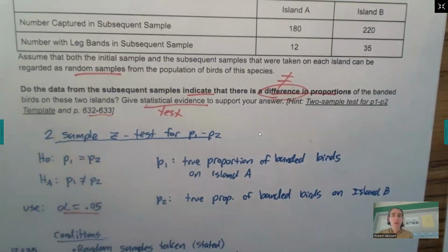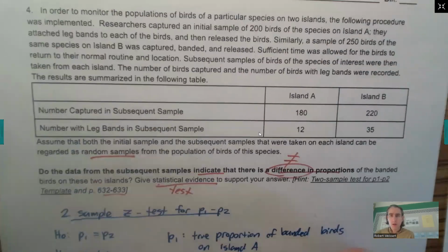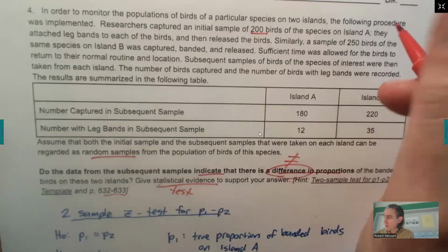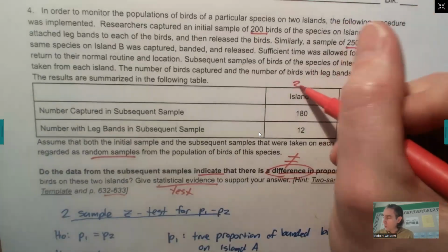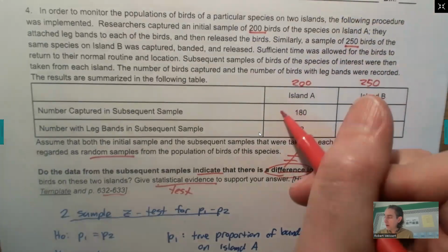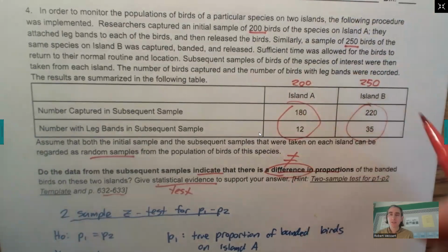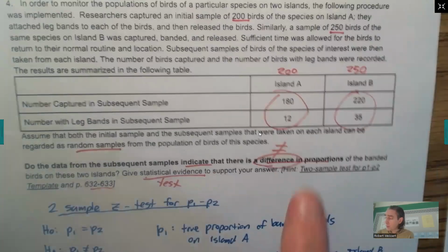Now, just be careful on this problem because up here, there was an initial sample of 200 for Island A and 250. While those were the initial samples, that's not the sample we're using because they didn't all come back. Hopefully nothing bad happened to them. Maybe they just left, flew away. But this is what we're working with.